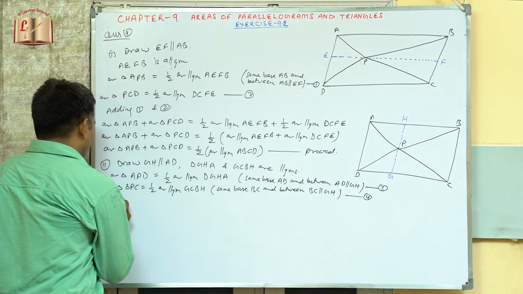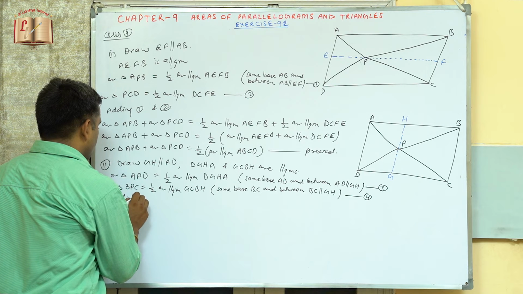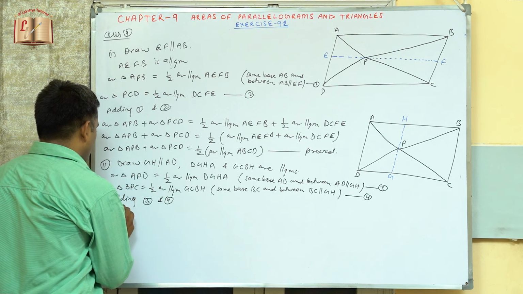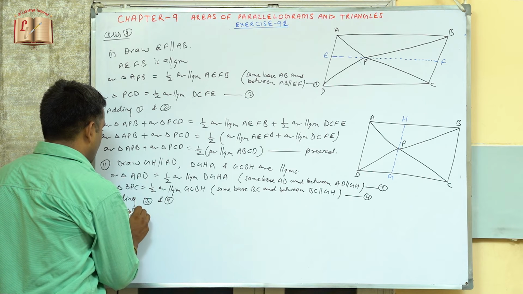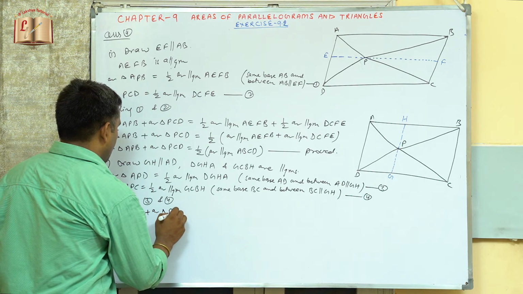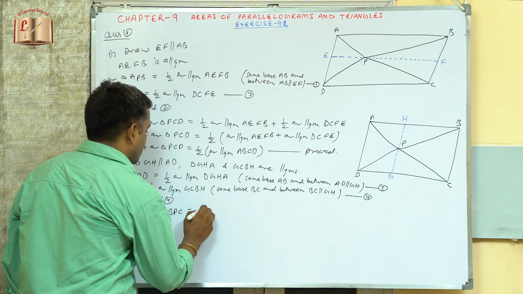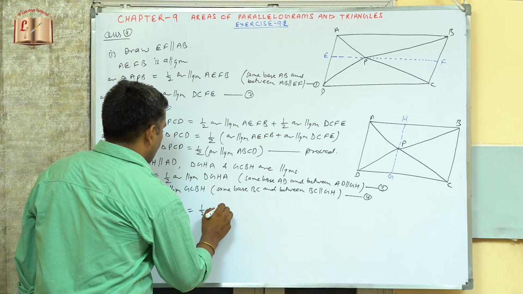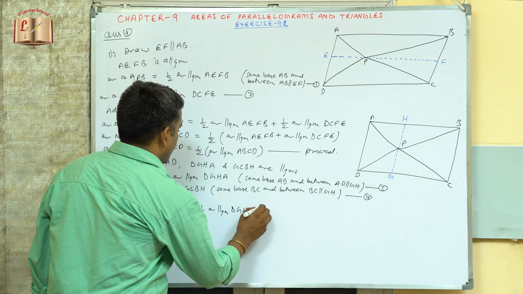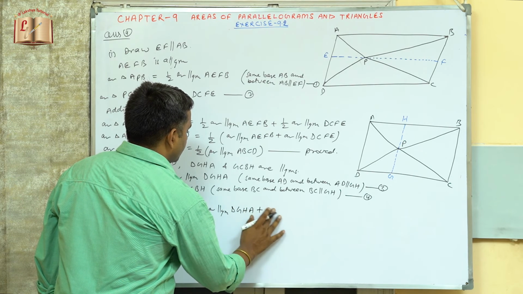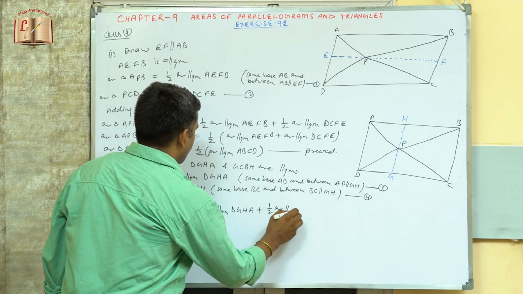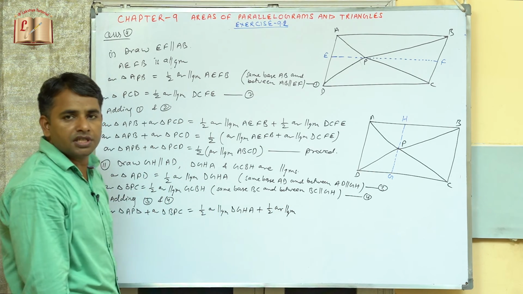Now adding 3 and 4, we get area of triangle APD plus area of triangle BPC will be equal to half of area of parallelogram DGHA plus half the area of parallelogram GCBH.